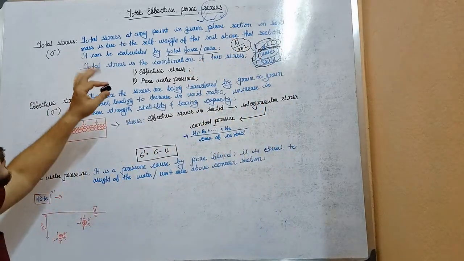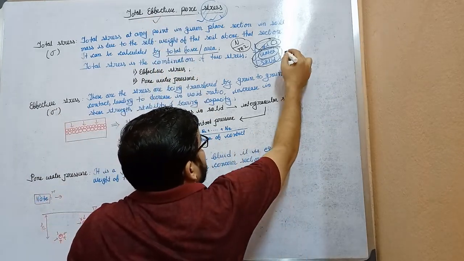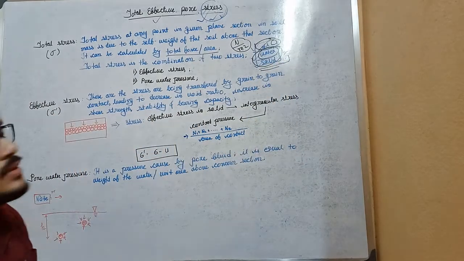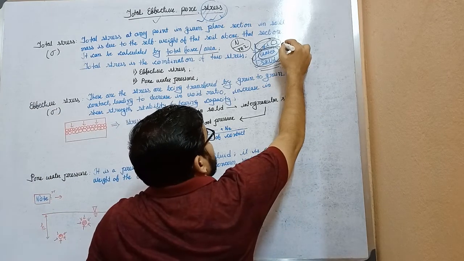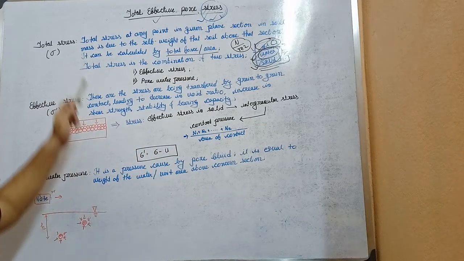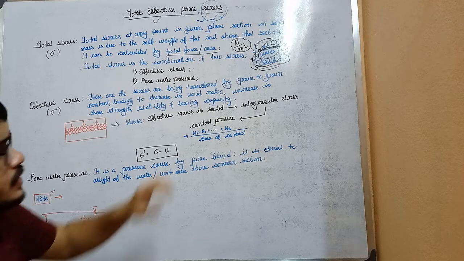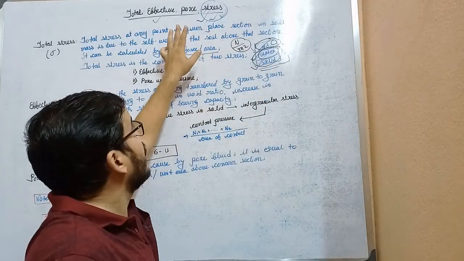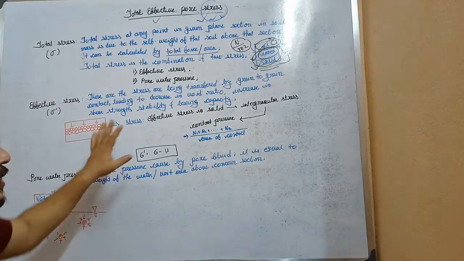Now effective stress means stress due to the solid part. And then pore water pressure means stress due to the water. So these three terms: total means the stress due to the solid and water, effective means stress due to the solid, and pore water pressure means stress due to the water. These three terms are important.